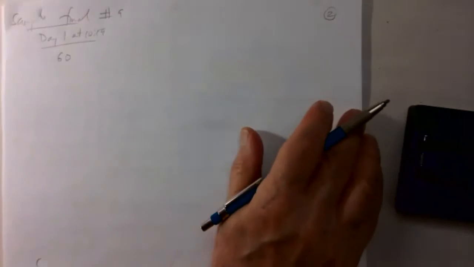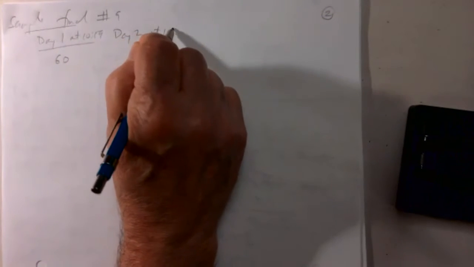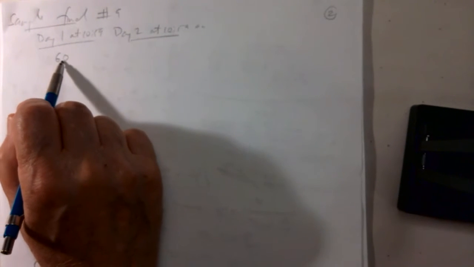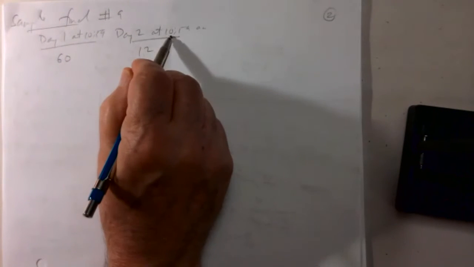So after 1 day, that's how much the patient has. What about day 2 at 10:59 a.m.? Well, every day you lose 80%, so only 20% is left. So of the 60 milligrams on day 1, 20% of that, or 12 milligrams, is left on day 2.